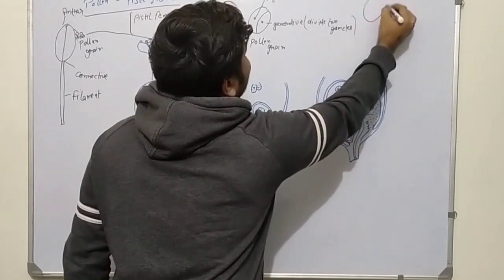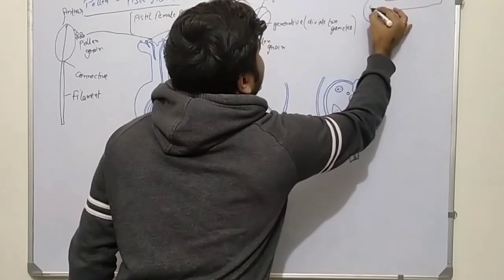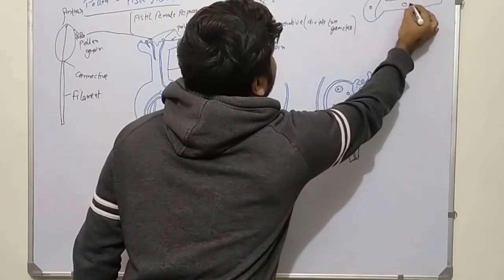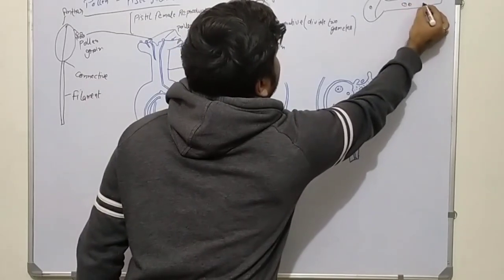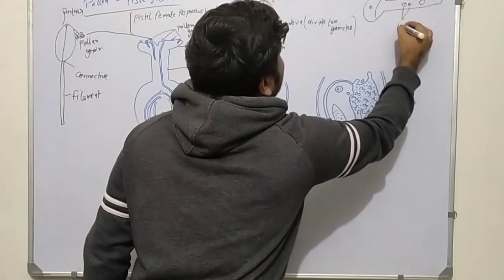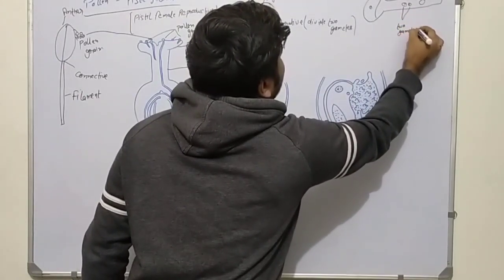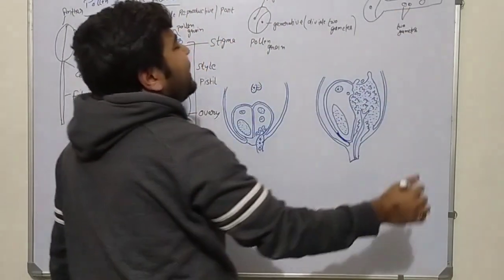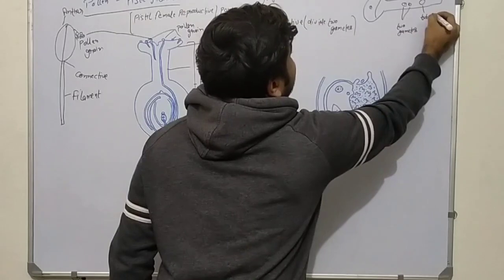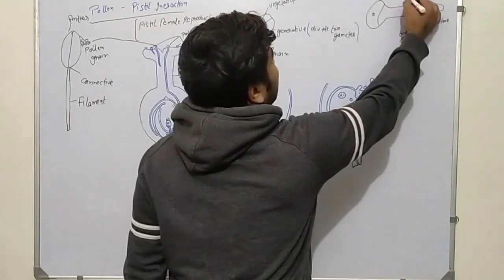As you see in the diagram, these are two gametes which are produced by the generative cell, and this is the tube nucleus. This is called the pollen tube.